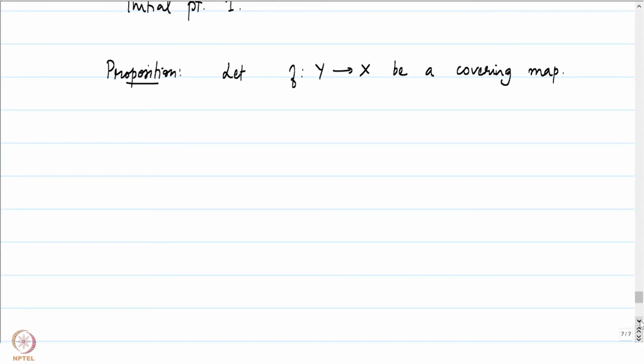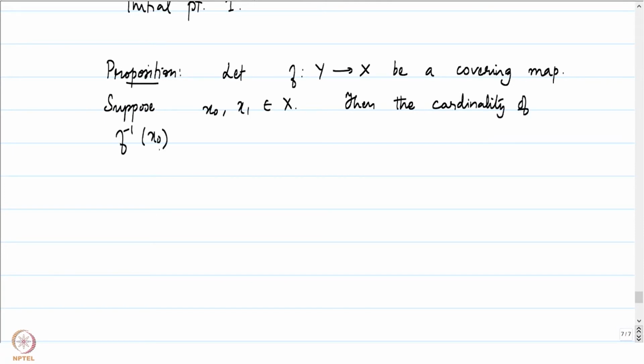So let's consider a covering map like this, and suppose x0 and x1 are points in capital X, then the cardinality of f inverse of x0 is the same as the cardinality of f inverse of x1.